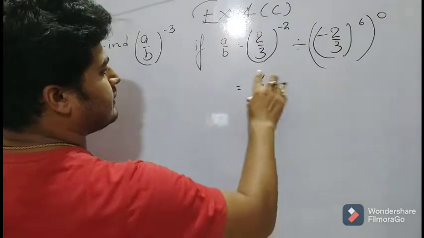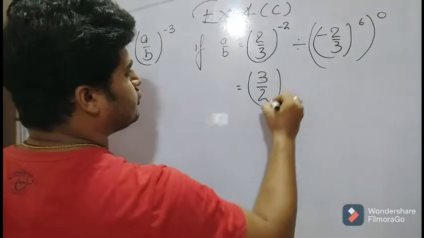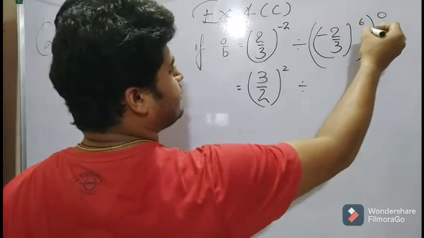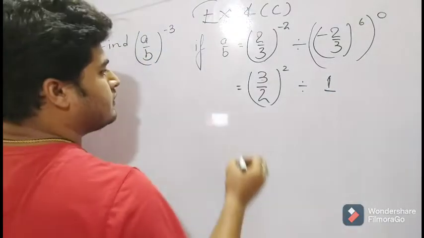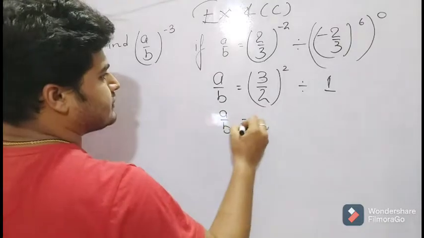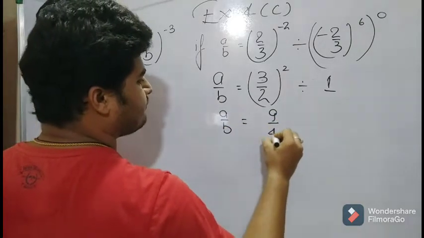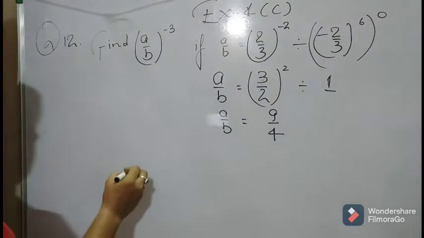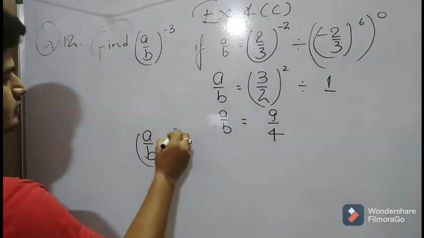So 2 by 3 to the power minus 2 can be written as 3 by 2 raised to the power 2, divided by 6 multiplied by 0 which becomes 0, and any number to the power 0 is 1, so divided by 1. So ultimately a by b is equal to 3 square 9 upon 2 square 4, 9 by 4. Now it is asking a by b to the power minus 3.